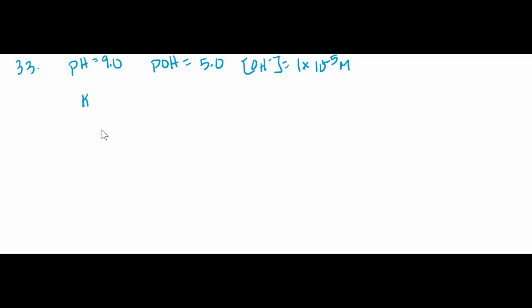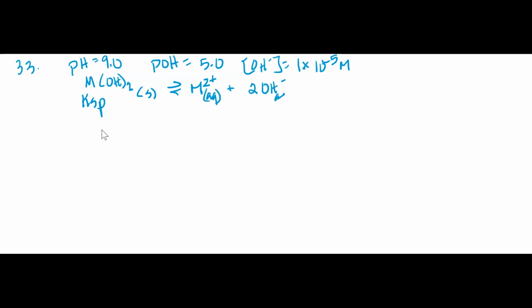And the KSP, let's write the equation for the dissociation. It's some metal hydroxide, which is a solid, and it ionizes to some divalent metal plus 2 hydroxide ions.